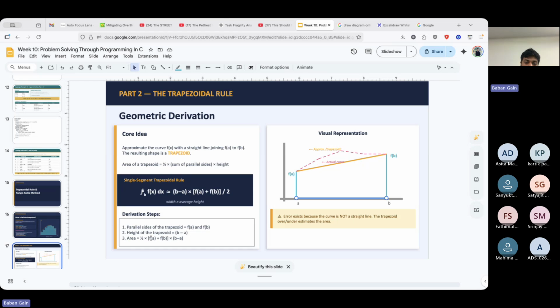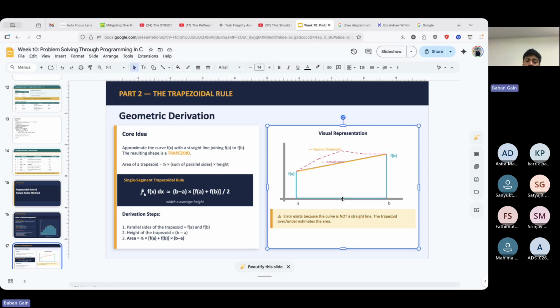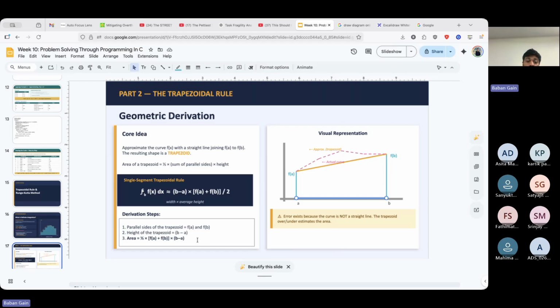The area of a trapezium is half into the length of the big line here plus the length of the parallel line here, multiplied by the distance between them. In a rectangle, what do you do?